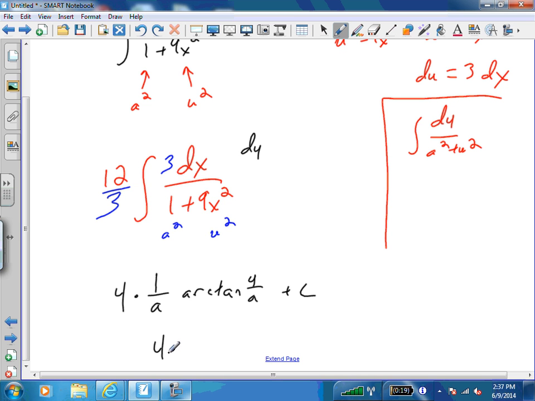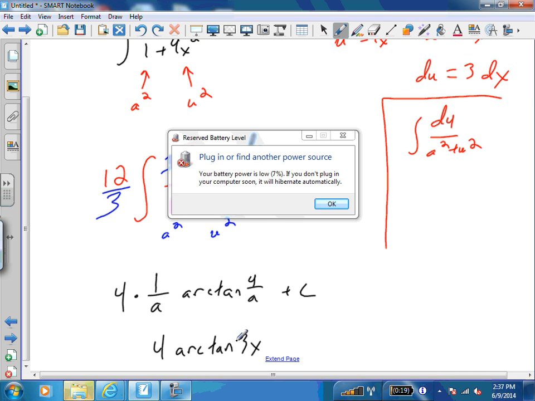Well, what was our a? Our a was 1, so 1 over 1, that's just going to be 1. Arctangent u was 3x. 3x over 1, that'll be 3x plus c.